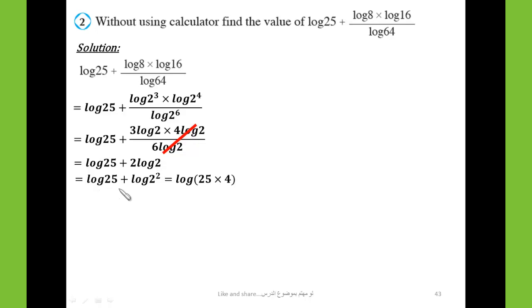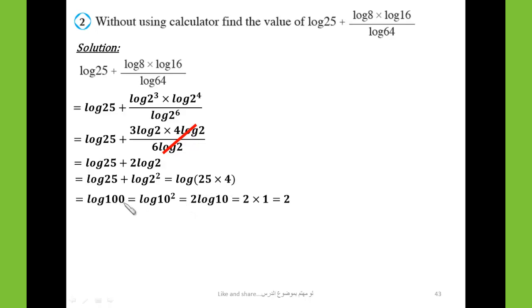And log 25 plus log 4 equals log of 25 multiplied by 4. So we write log 25 times 4. The result will be log 100, as 25 times 4 equals 100.